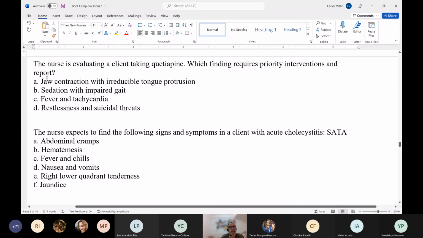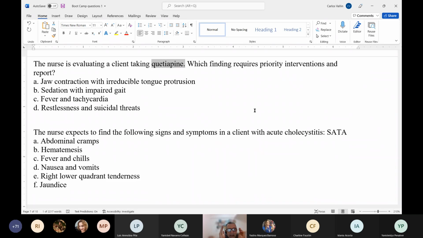The nurse is evaluating a client taking quetiapine. Who knows what quetiapine is? So here comes the challenge. This is the way that NCLEX makes the pharmacology questions.